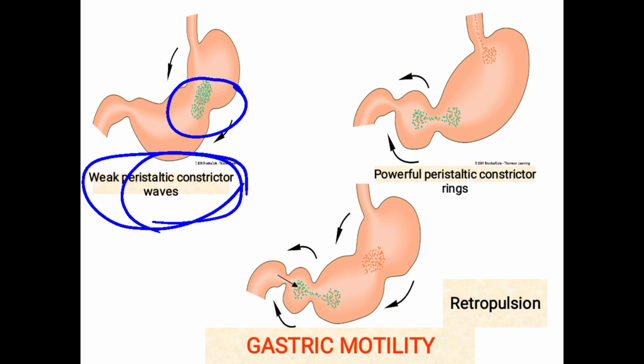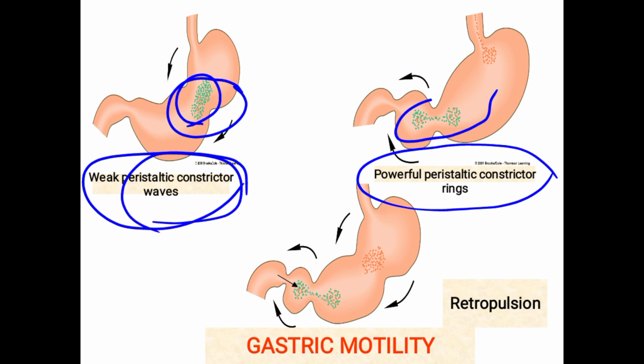So there is the formation of a mild peristaltic wave that moves towards the antrum. After that, there is a powerful peristaltic constrictor wave. So this is in the middle, then when it moves through the antrum, the peristaltic wave becomes powerful.